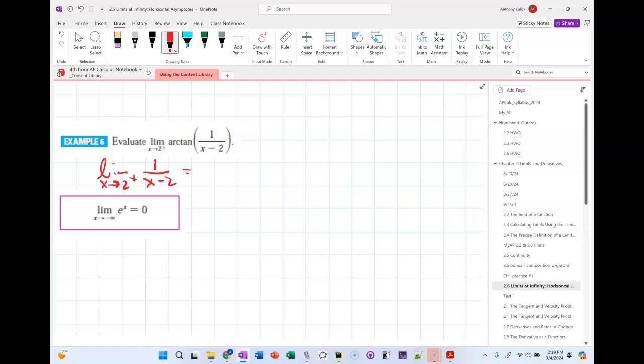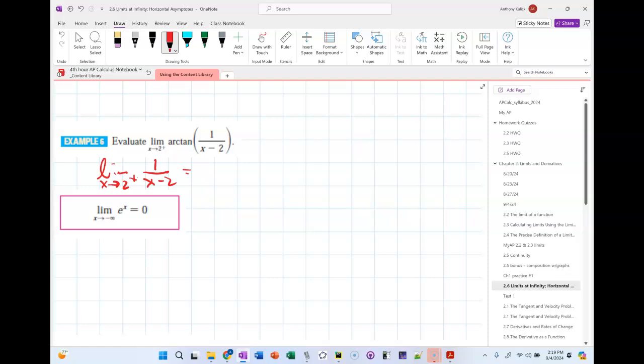Think about it this way, though. If I plug in like 2.1, I get 1 over 0.1, which is 10. If I plug in 2.01, I get 100. If I plug in 2.001, I get 1,000. The closer I'm getting to 2, the bigger this thing is growing, and it's going to grow without bound. It's going to infinity.